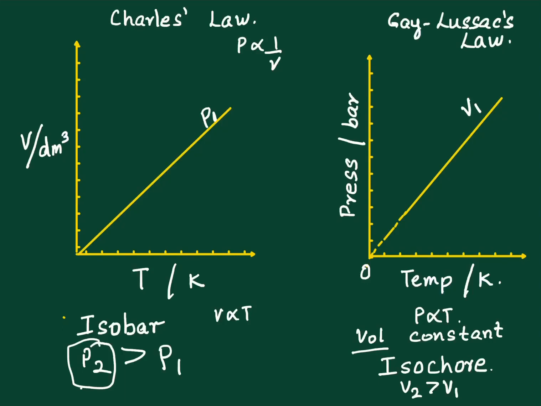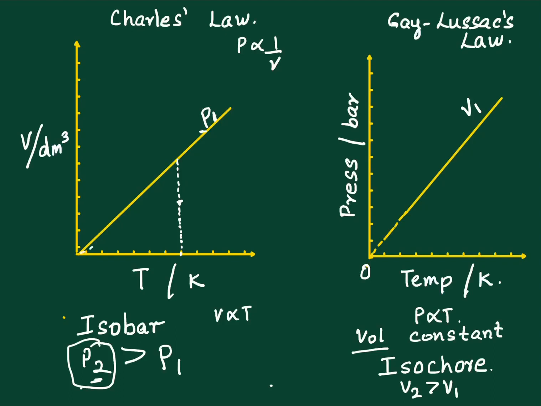Yes, volume will reduce. So compared to P1, a gas at pressure P2 will occupy a lower volume, right? Talking about the same temperature. So let's suppose I am taking the temperature as this at pressure P1, that means at pressure P2, where P2 is greater than P1, my gas will occupy a volume which is lower than the volume at P1, right?